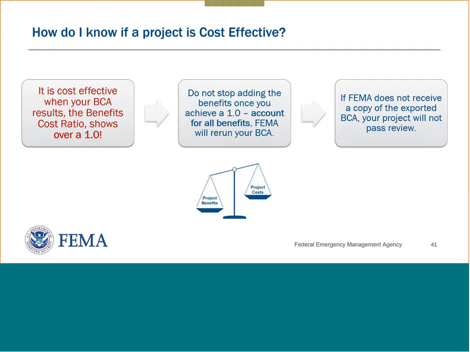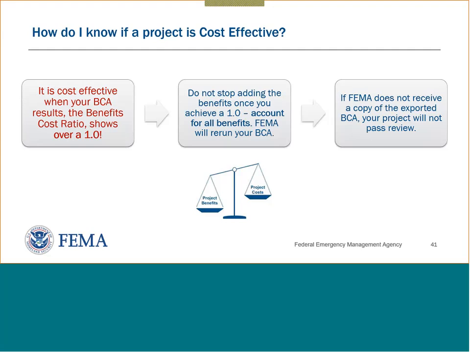So, back to the presentation. How do you know if your project's cost effective? Well, the tool will give you a benefit cost ratio. As you saw with the fire station, it was 4.93, something of that magnitude. But all you need to do is provide a benefit cost ratio that's at least 1.